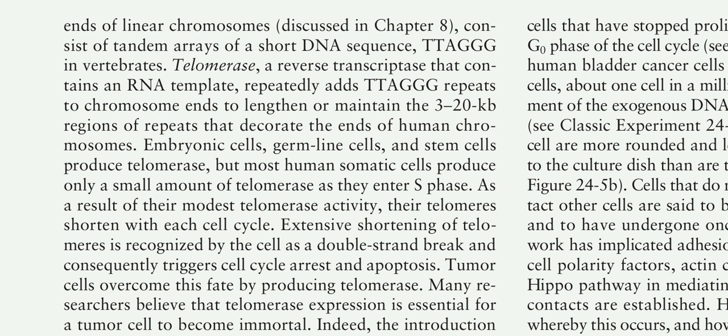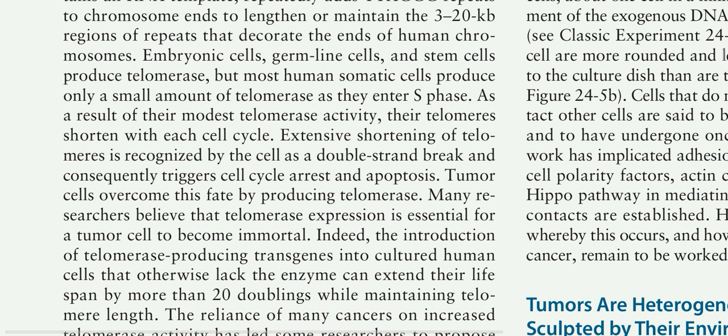Embryonic cells, germline cells, and stem cells produce telomerase, but most human somatic cells produce only a small amount of telomerase as they enter S phase. As a result of this modest telomerase activity, their telomeres shorten with each cell cycle.